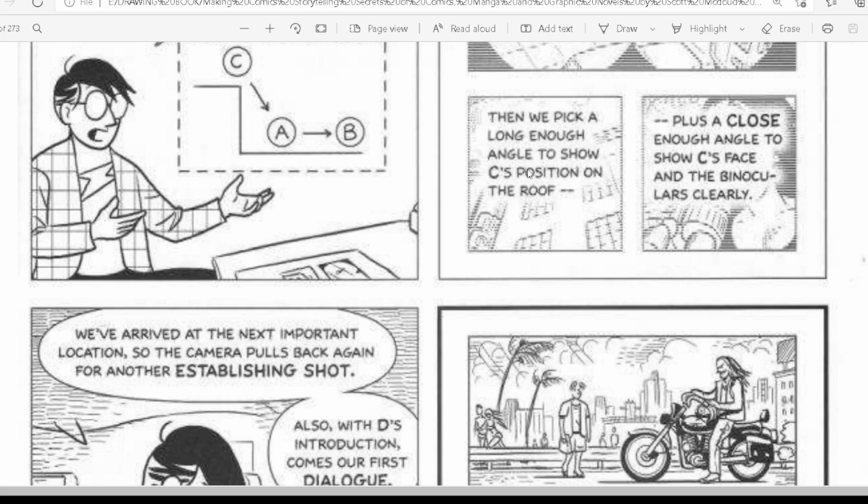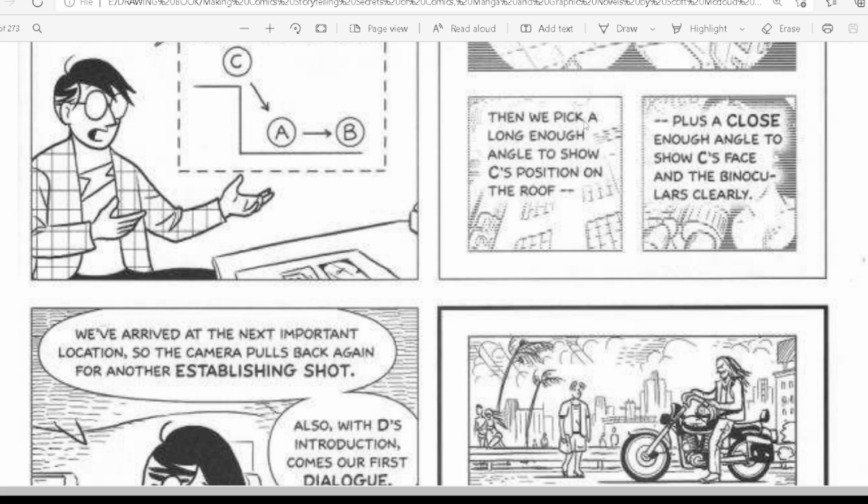So basically the woman who is watching from upstairs, there are two persons A and B, and the third person, C, a woman, is watching both of them. That is how you should introduce the third person who is watching them.